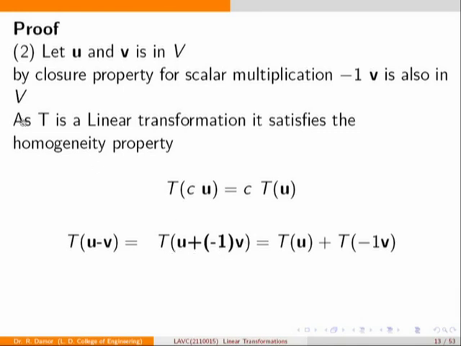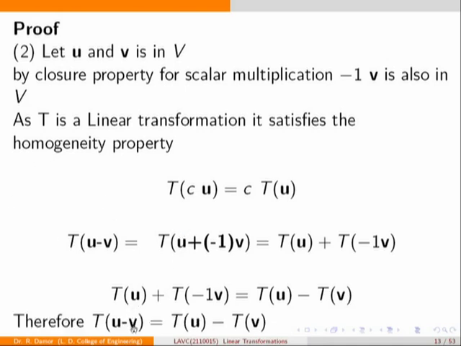As T is a linear transformation, this can be written as T of U plus T of minus 1 into V. By scalar multiplication, I can take out minus 1 outside because of the homogeneous property, so minus 1 into T of V. So T of U plus T of minus 1 into V can be written as T of U minus T of V. Clear? So it satisfies the second condition also.